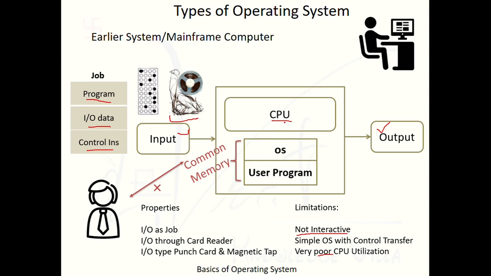Again, after completion of work, whenever the CPU is unloading the data, it means whenever output is going to be generated, again at that time the CPU remained idle. So most of the time, the CPU remained idle. Get it? So that's why there is very poor utilization.